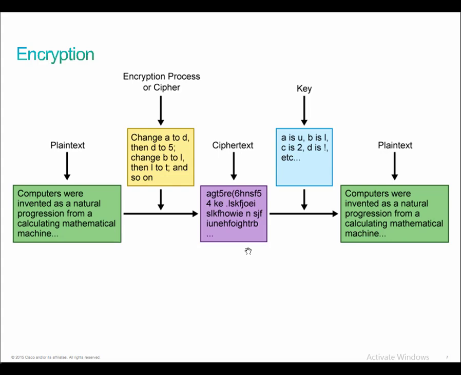WEP, Wired Equivalent Privacy, uses a shared key where both sides have the same key essentially. It's not really considered to be too secure these days, and we don't use it too much these days, but there are other options, right? TKIP. That's a suite of algorithms. It's actually not an encryption protocol itself.